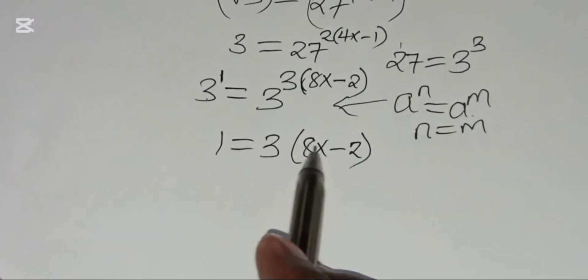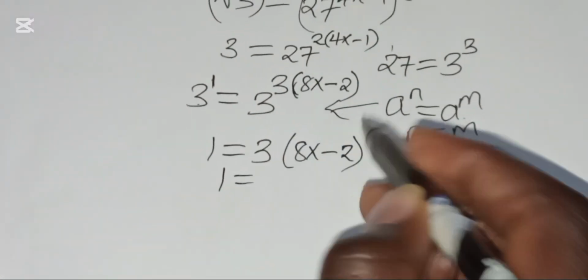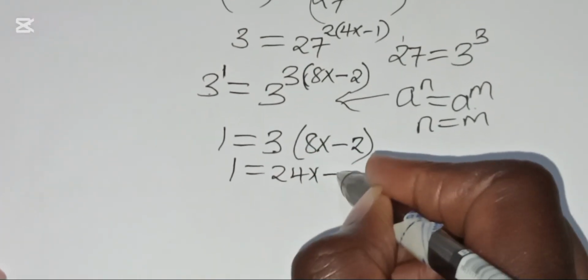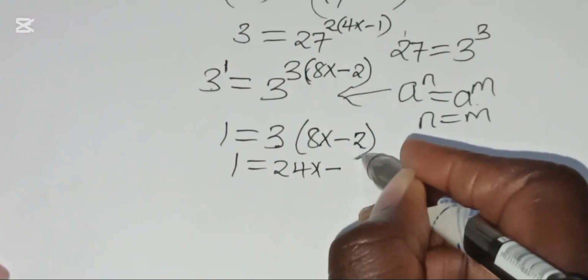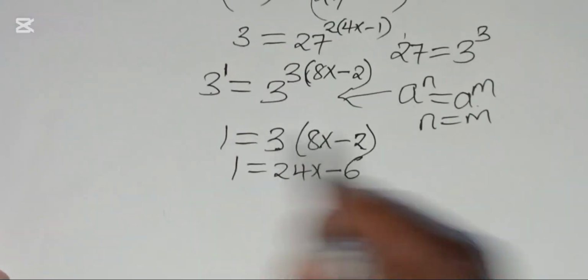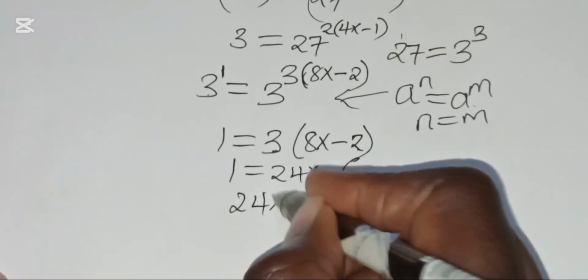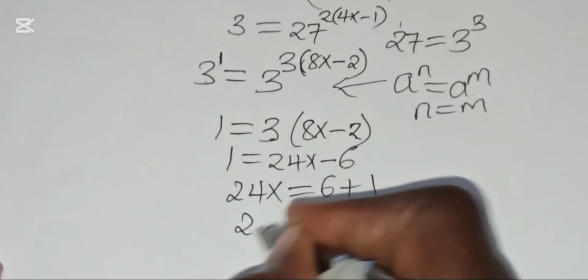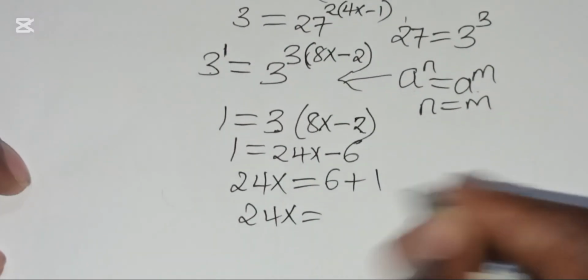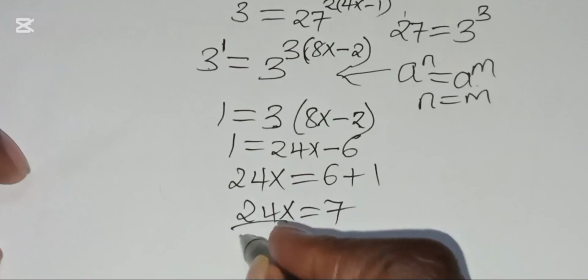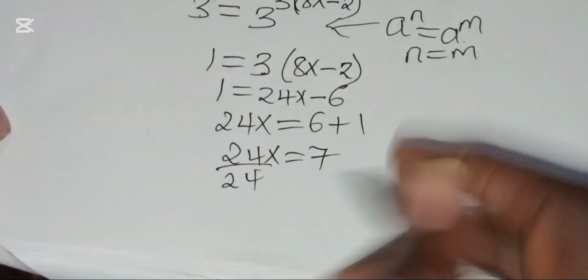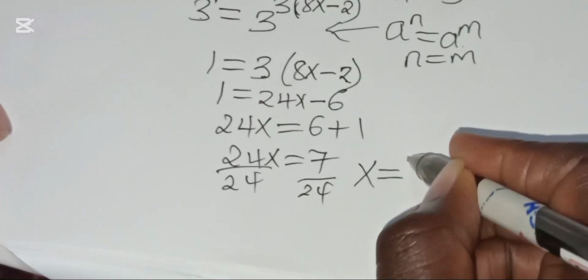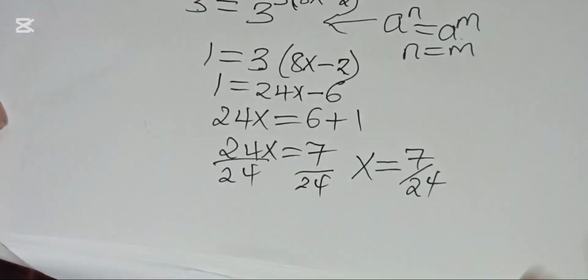So from here, 1 is equal to 3 times 8x, which is 24x, subtract 3 times 2, which is negative 6. So we can rearrange these as 24x is equal to 6 plus 1, so that we're going to have 24x is equal to 7. Divide both sides by 24, so that the value of x is equal to 7 over 24.